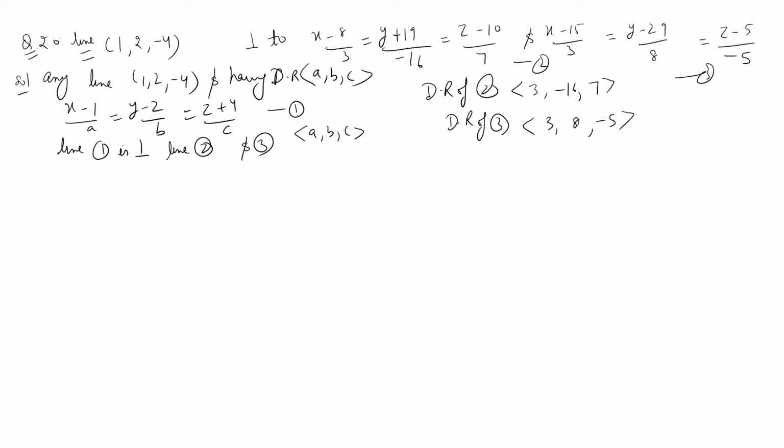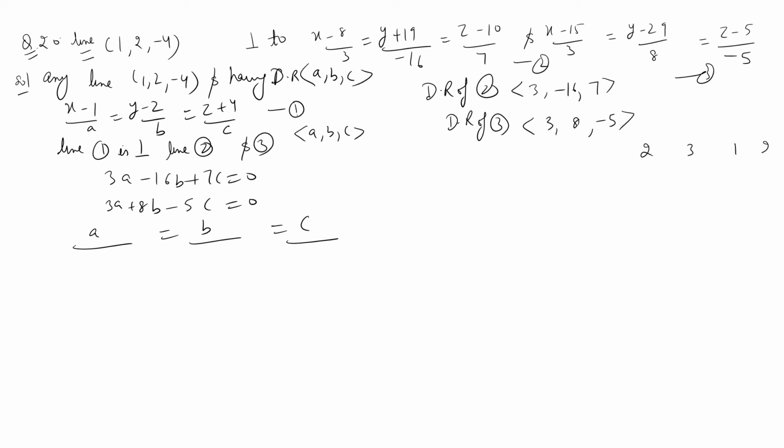So we get 3a minus 16b plus 7c equal to 0, and 3a plus 8b minus 5c equal to 0. Let us solve them by cross multiplication, a upon, b upon, c upon. We can apply the method of 2 3 1 2. Under this we take the coefficients of b: minus 16, 8, 7, minus 5, then 3, 3, minus 16, 8.